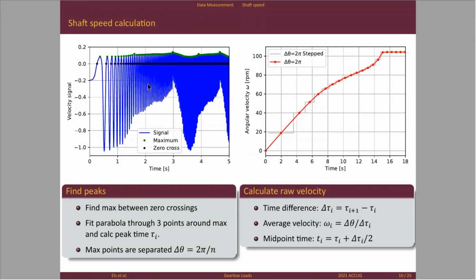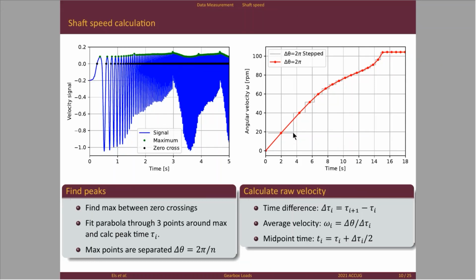These are the peaks which we're trying to detect. And because we are working with a finite time step, we had to interpolate to find those peaks where each tooth came past. From there, we could then calculate the speed.